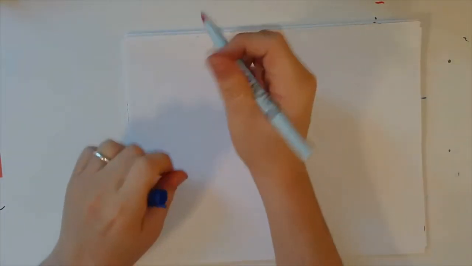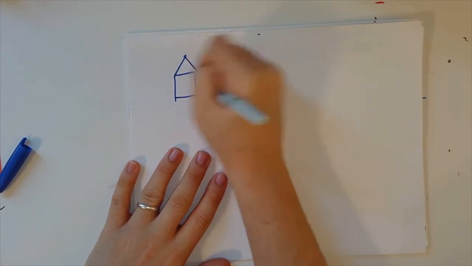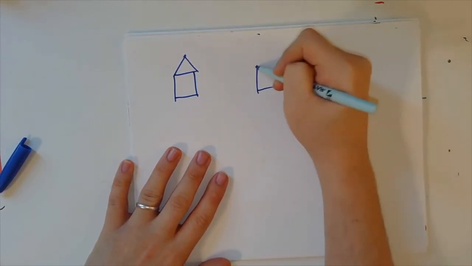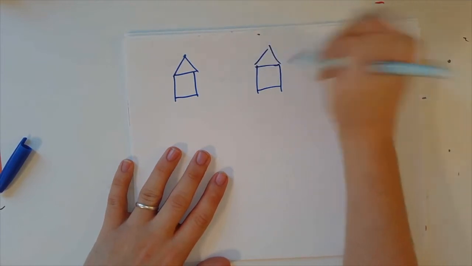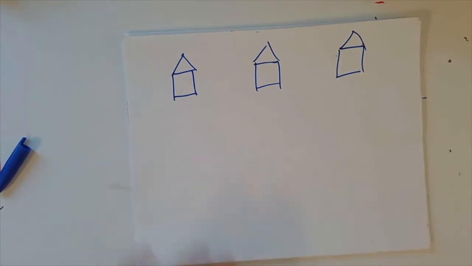So we have up here, we have house 1, and then we have house 2, and then we have house 3. And then down here at the bottom, we have 3 utilities.